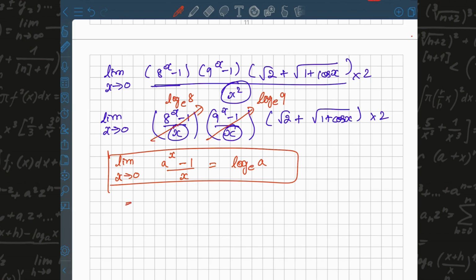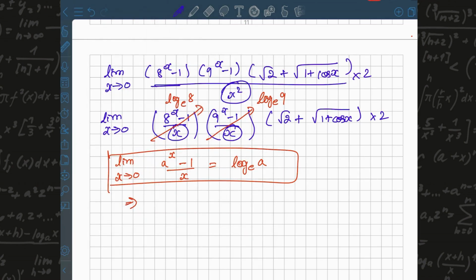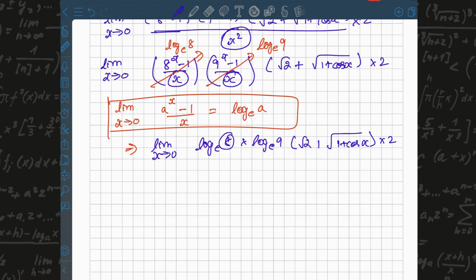So let's write it. Limit x tends to 0, log base e 8 into log base e 9 into root of 2 plus root of 1 plus cos x into 2. Again this 8 can be written as 2 power 3, and this 9 can be written as 3 power 2, and they are in logs.